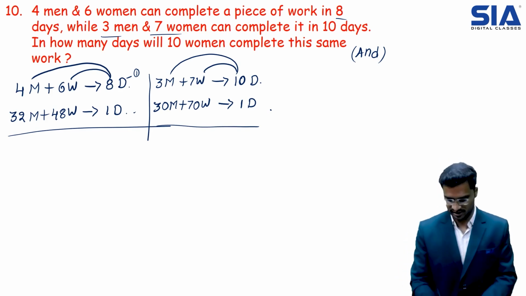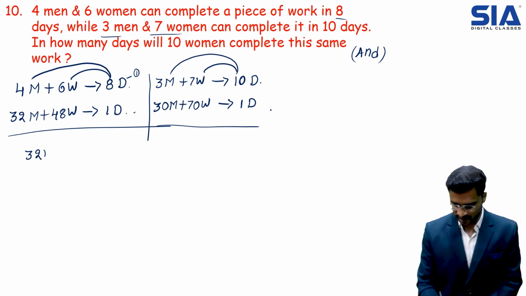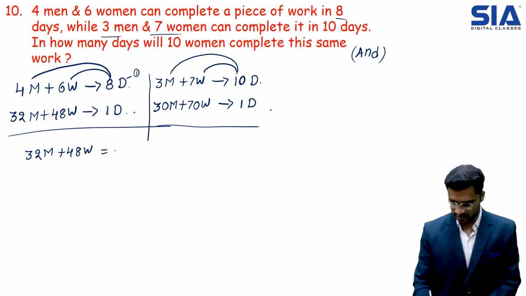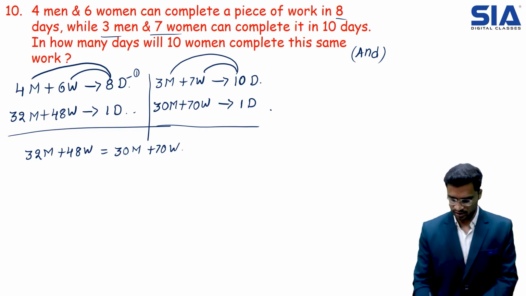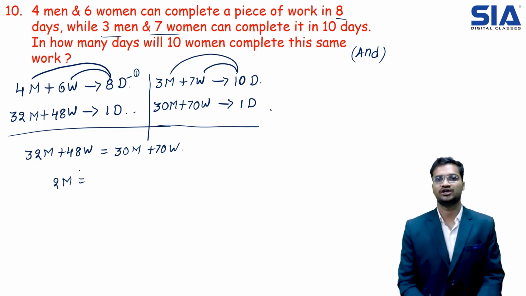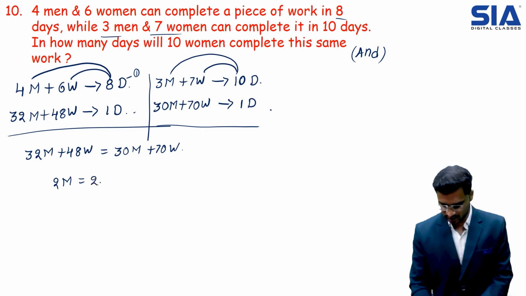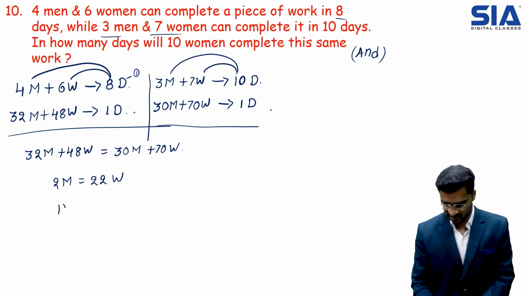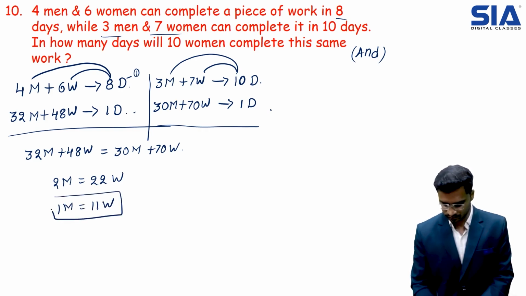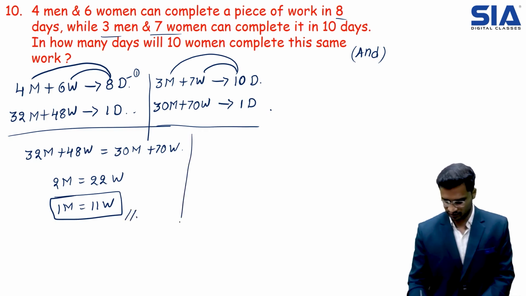So let us equate them. 32 men plus 48 women is equal to 30 men plus 70 women. So 32 minus 30 gives me 2 men. 2 men is equal to 70 minus 48, which is 22 women, or I can say 1 man is equal to 11 women.